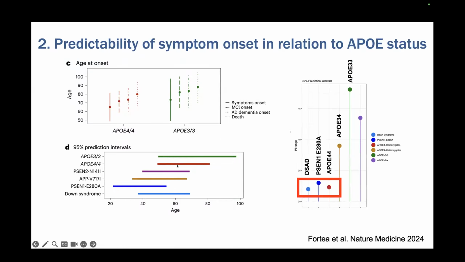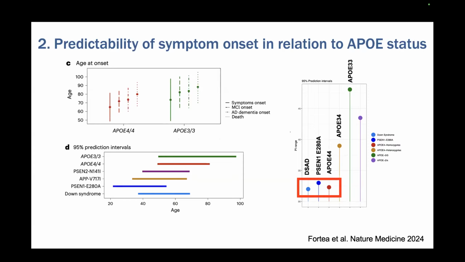So let me plot it in a different way. We are again plotting the prediction intervals, and you can see that DSAD, presenting one, and ApoE4 homozygotes have very similar prediction intervals. So the variability around symptom onset, which in ApoE4 homozygotes is age 65, similar for symptom onset, not MCI and dementia, which we'll have later.